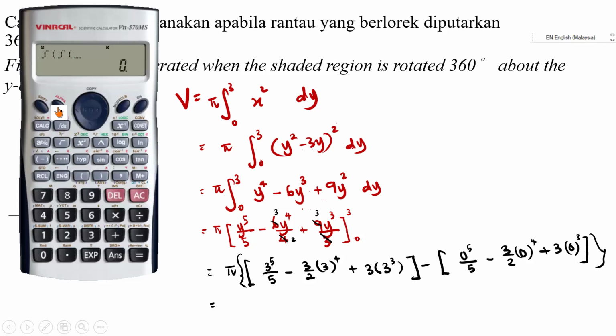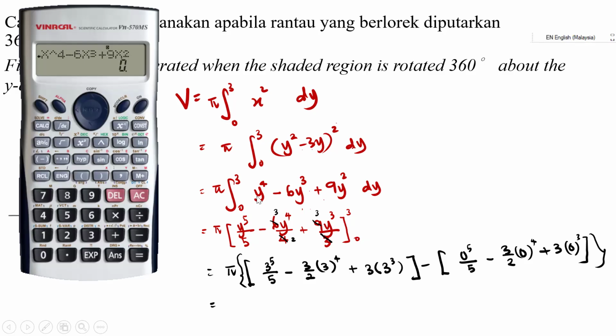Integrate x to the power of 4 minus 6x cubed plus 9x squared.